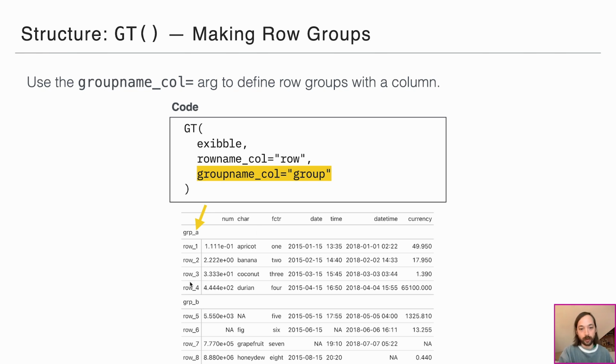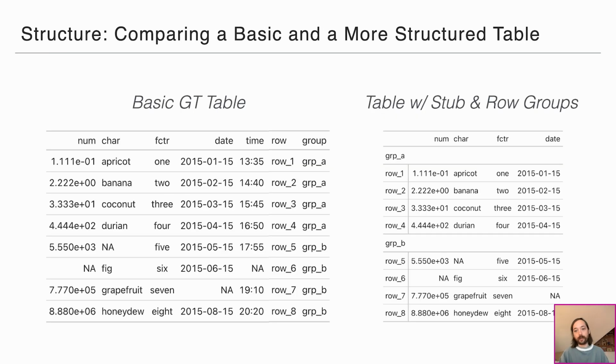This makes it really easy to group rows and split them up so it's easy to see which rows belong together. Just to compare the table we started with and the one with a stub and row groups, the basic GT table is on the left and the gussied up one we made is on the right, with row groups and a stub.